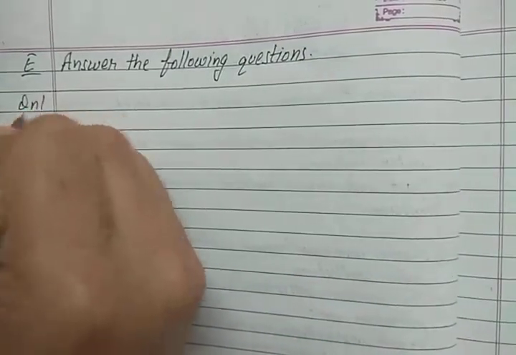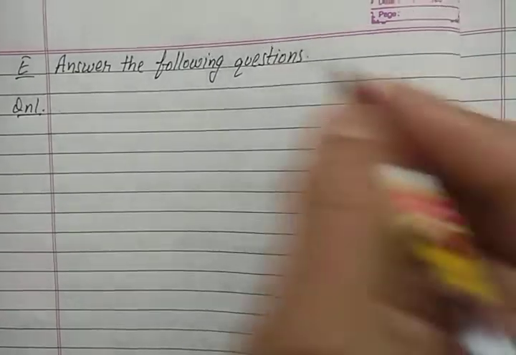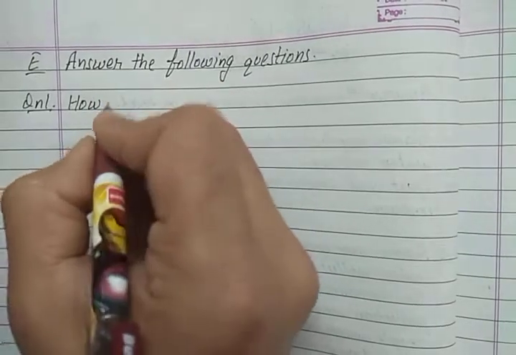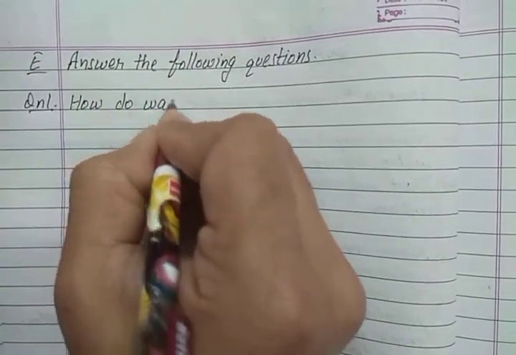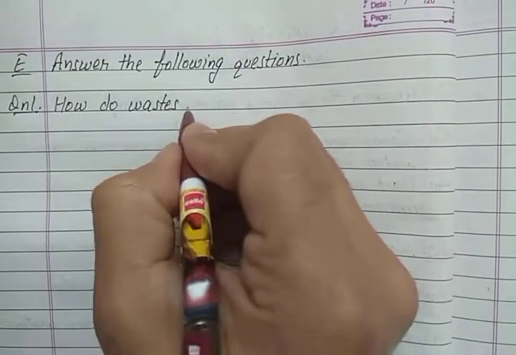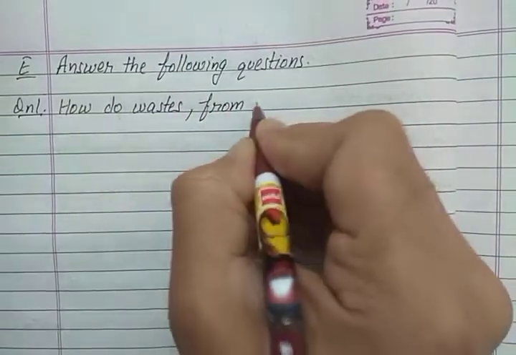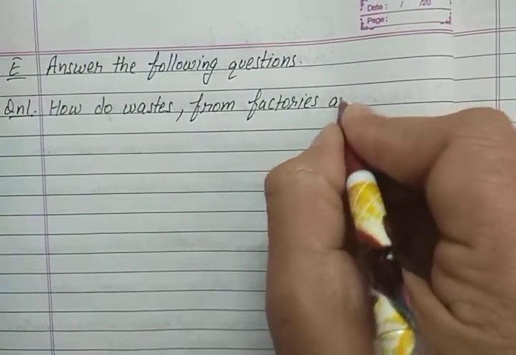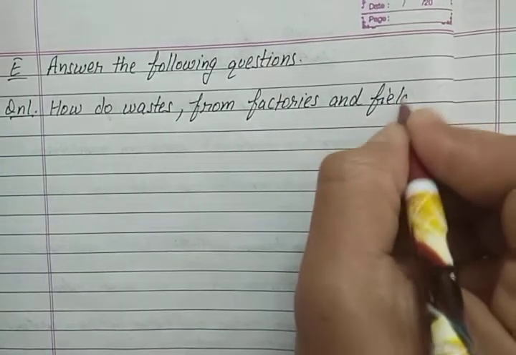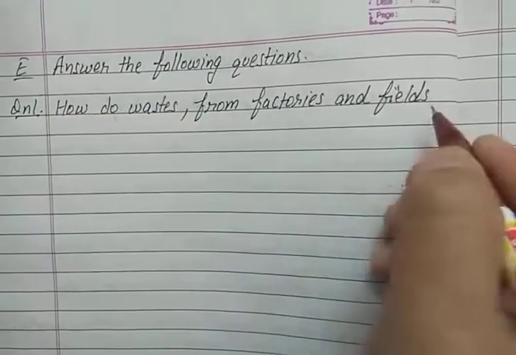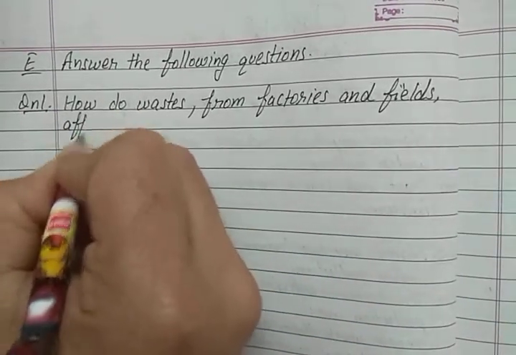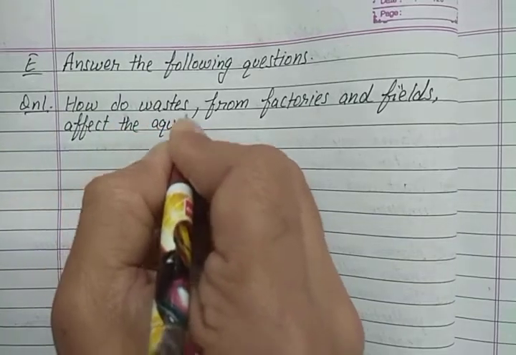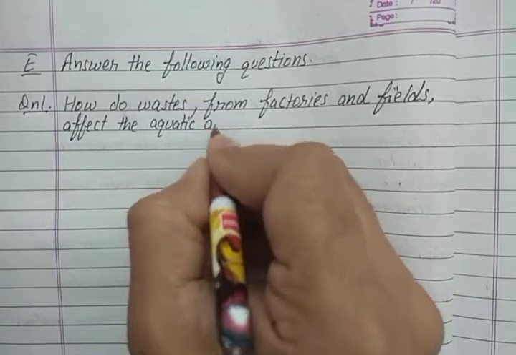Here is question number 1: how do wastes from factories and fields affect the aquatic animals?